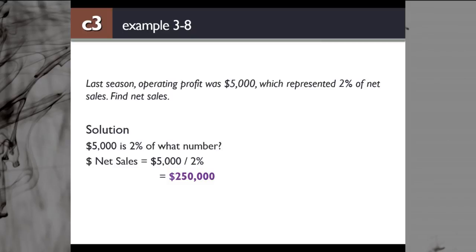Once again, $250,000 is gonna be 100%. So 2% of that is gonna be your profit, which is 5,000. So you can recheck it after you calculate this number.